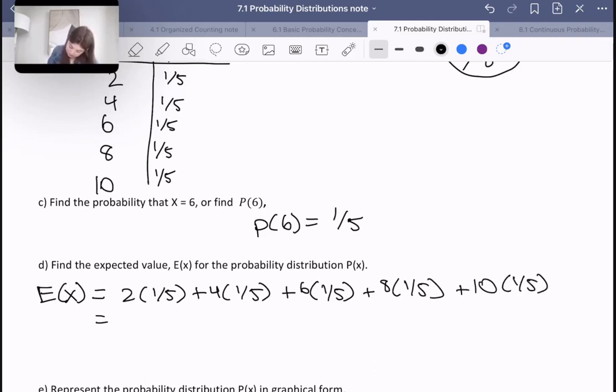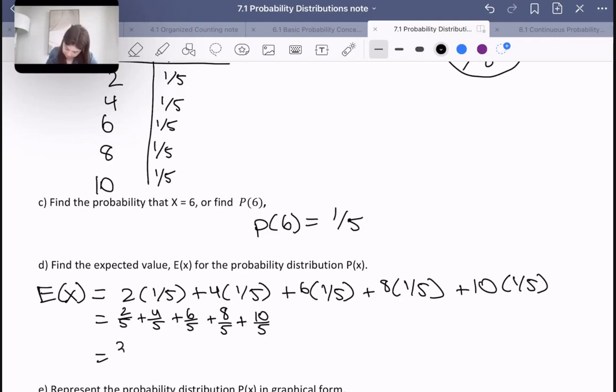So that's going to be 2/5 plus 4/5 plus 6/5 plus 8/5 plus 10/5, which is, let's see, well, I know it should be 6.